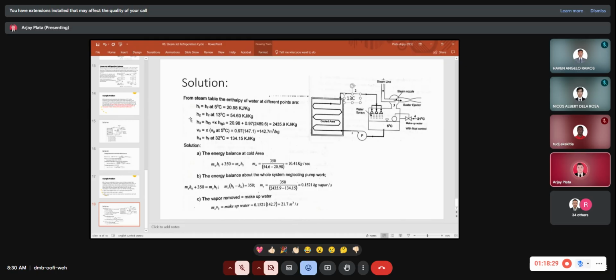So H3 is HF3 plus X HFG. So we have 20.98 plus 0.97, the quality given, times the HFG from the steam table, and then we have 2435.9 kilojoule per kilogram.